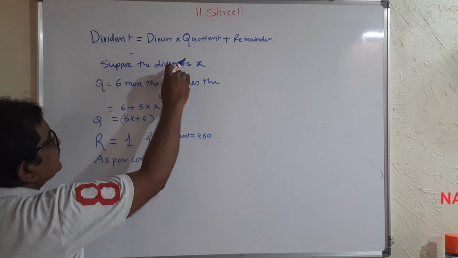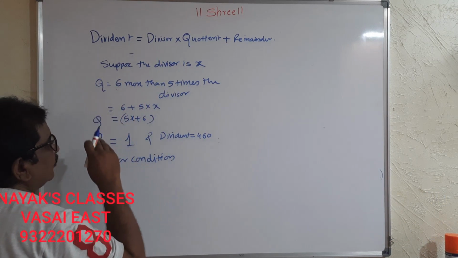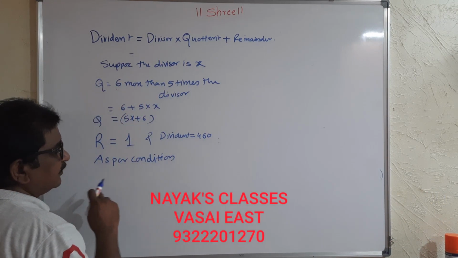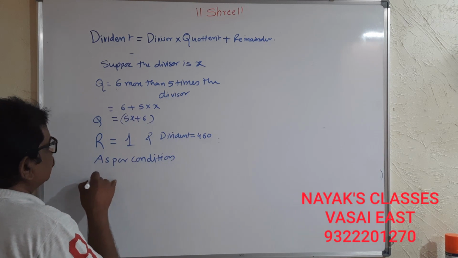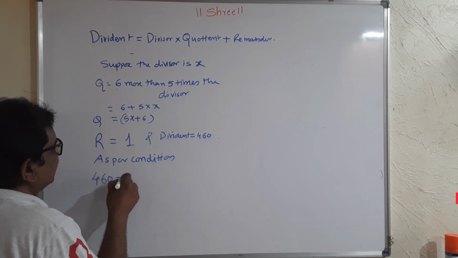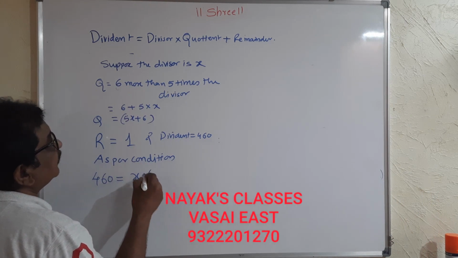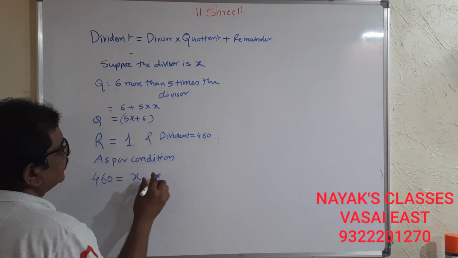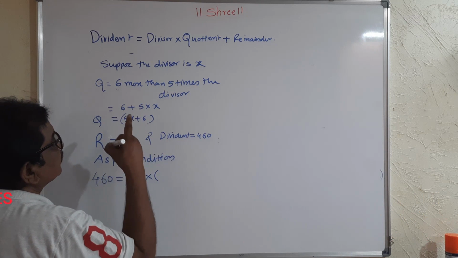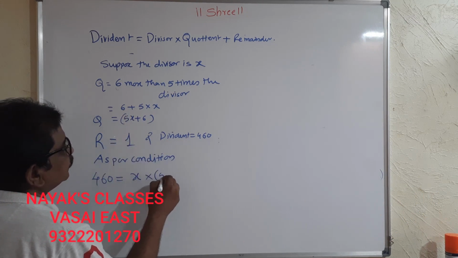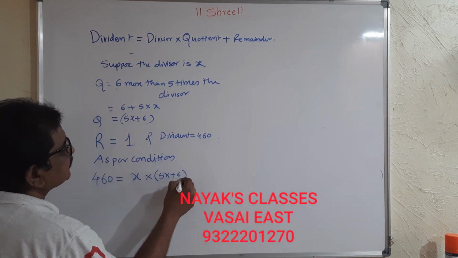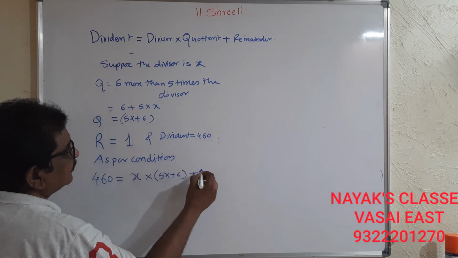So we have got the divisor, the quotient, the remainder and the dividend. So 460 is equal to divisor x into bracket the quotient 5x plus 6, plus remainder 1.